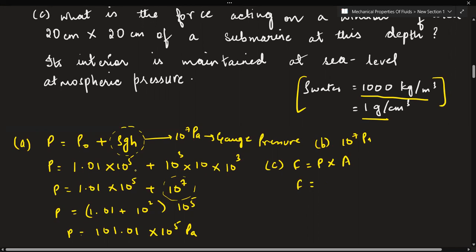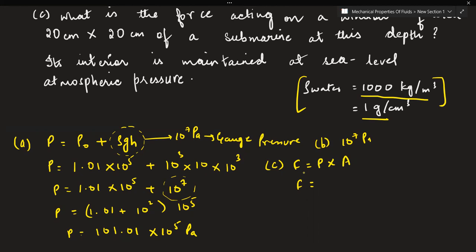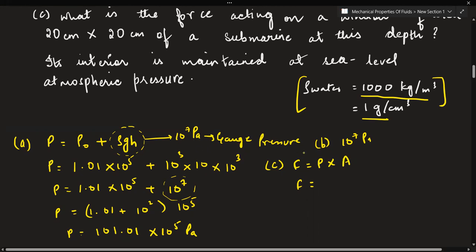No, ma'am, I didn't use that one. I confused that unit. See, the pressure would be the pressure exerted by the liquid on the submarine. So that would be your gauge pressure, which you have already calculated in the second part.